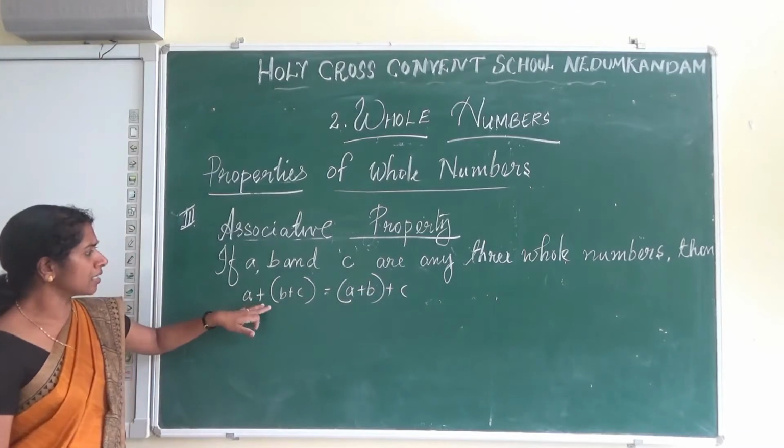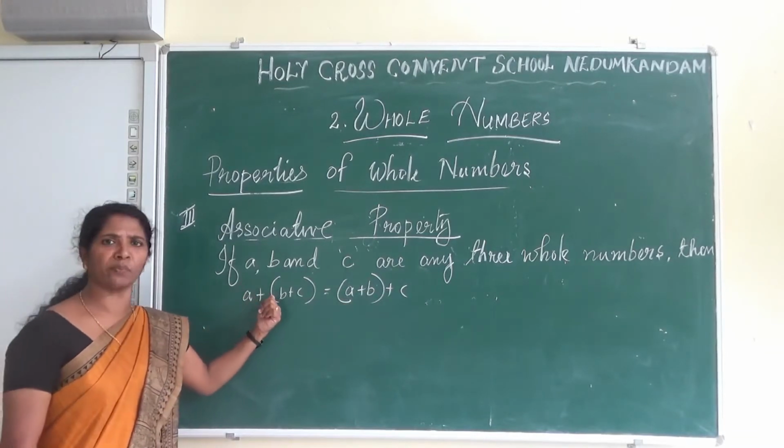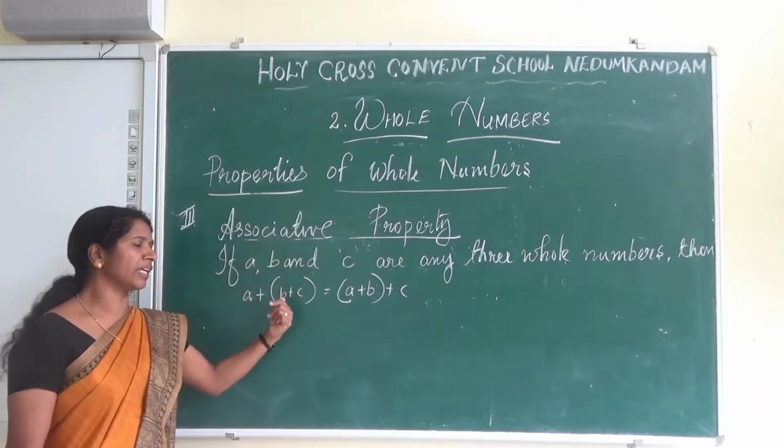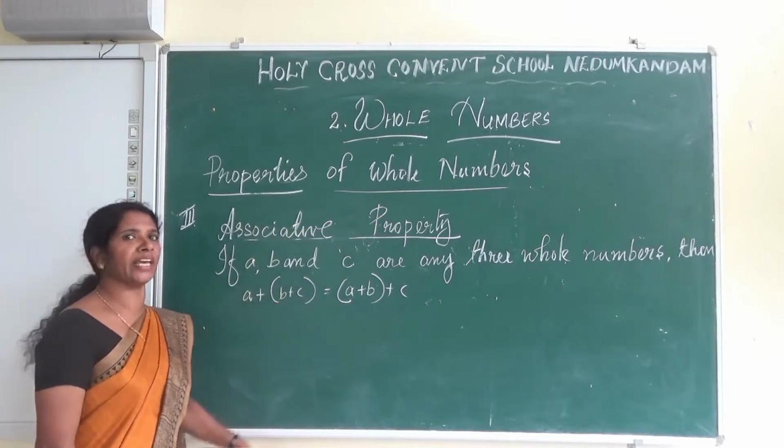The meaning is we can group the numbers in any order. According to the associative property, we can group the numbers in any order.